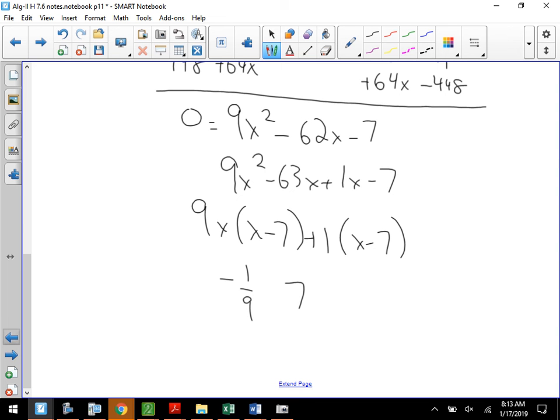Checking them is the quick part. What's 7 minus 7? 0. What's negative 4 minus 0? Negative 4, okay. What is 2 times 7? 14. What's 14 plus 2? 16, does that equal negative 4? No, so 7 does not work.